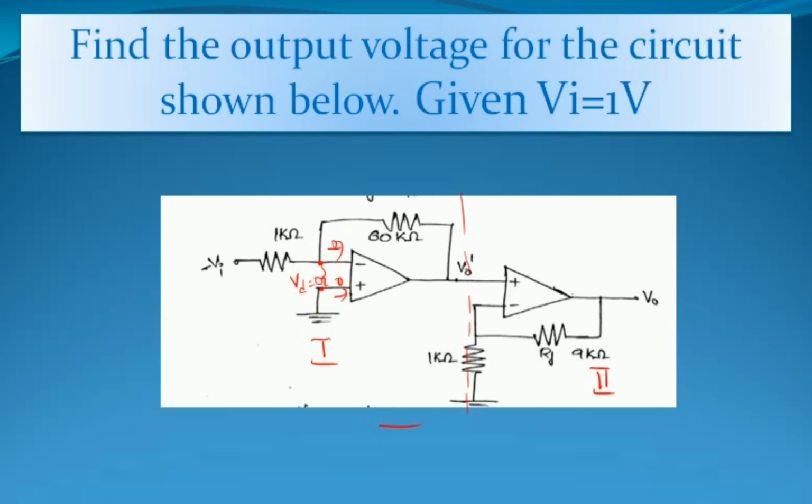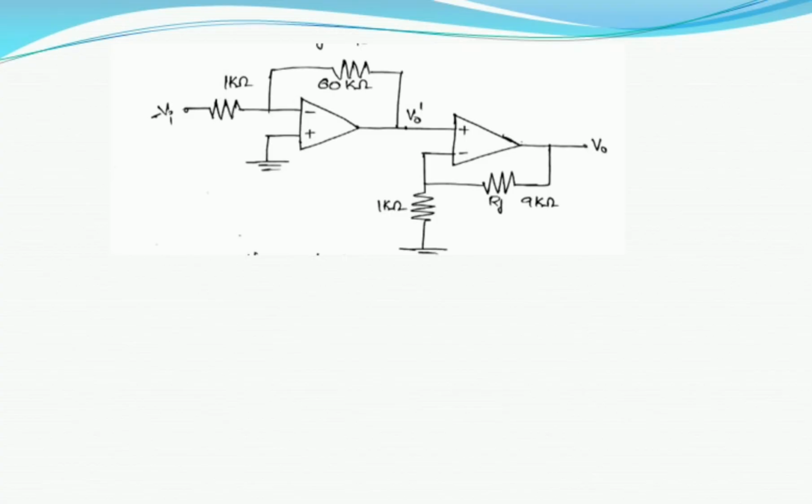Now let us see how we are going to find out the output voltage. So this is the circuit they have given, and here they have given Vi as 1 volt.